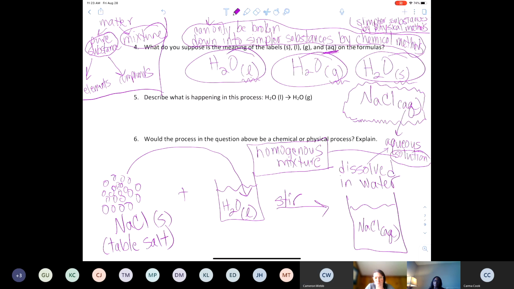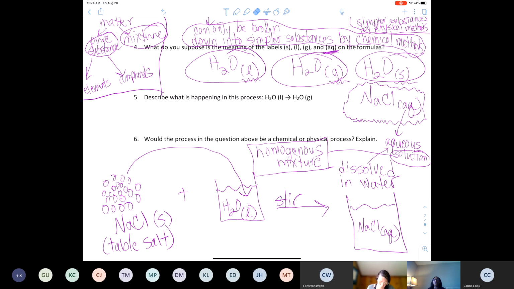A solution is always going to be a homogeneous mixture, meaning that it's uniform in composition throughout. When I stir the salt into the water, I've got the same concentration of salt in my entire glass of water. There's not more salt at the bottom of the glass than there is at the top. There's an evenly distributed amount of salt throughout that glass of water. That's what it means to be a homogeneous mixture.